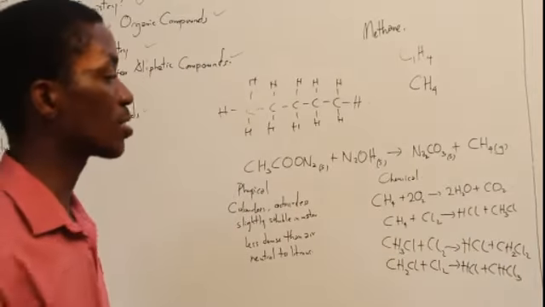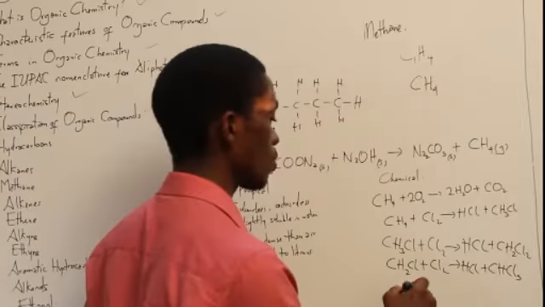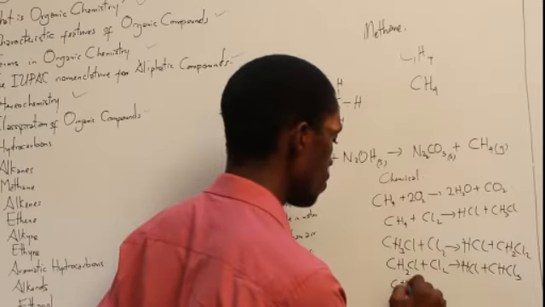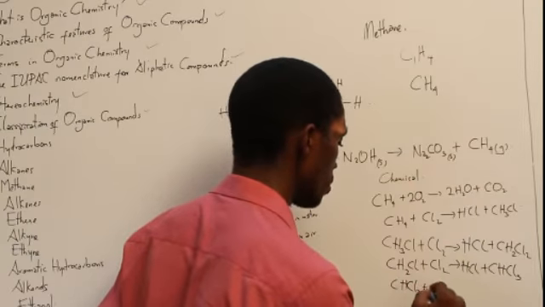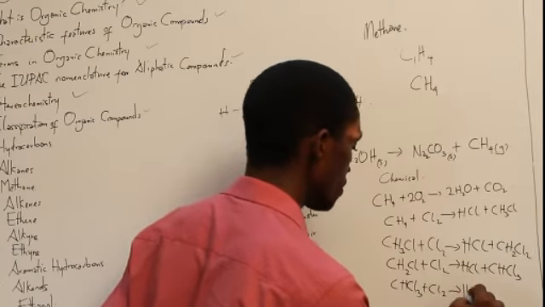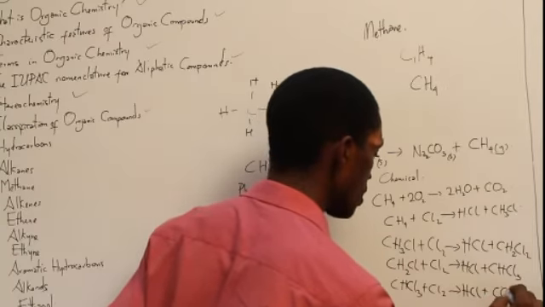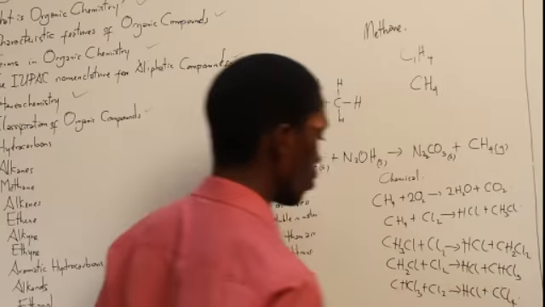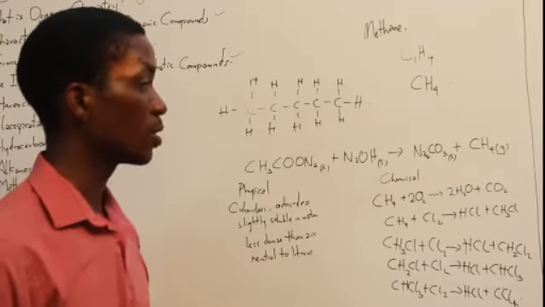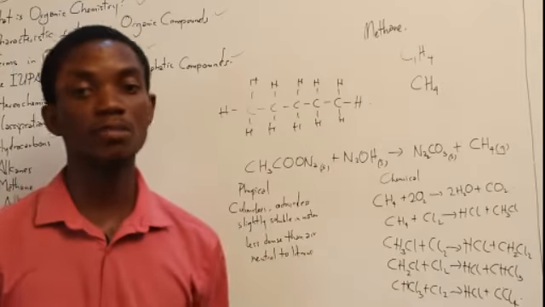Trichloromethane, which is also known as chloroform. And if you make it react one more time, it will produce the most stable of all the chloromethanes, which is CCl4. That's tetrachloromethane.